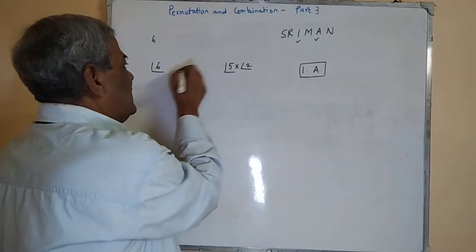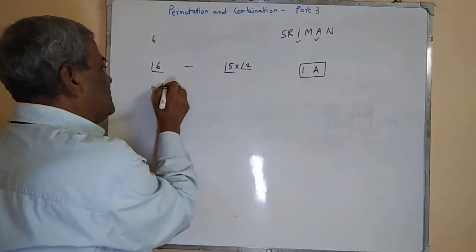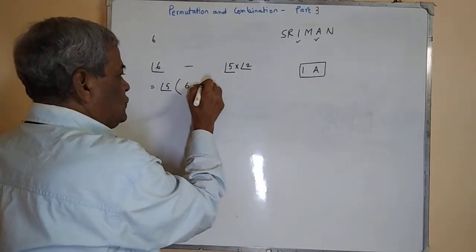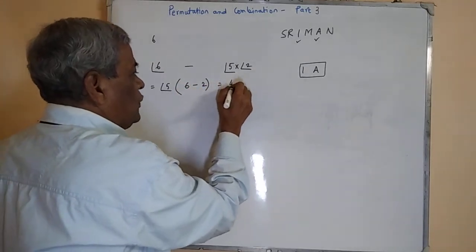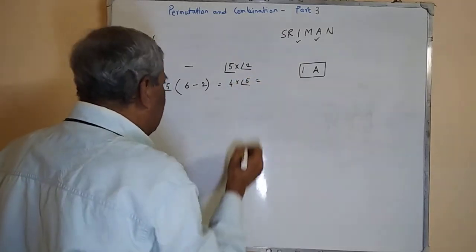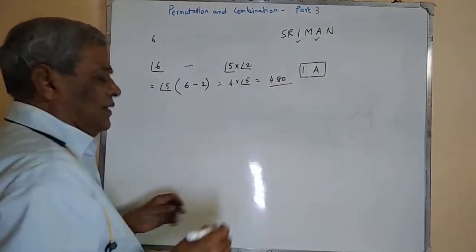So our answer is this minus that. It is equal to factorial 5 taken common, then 6 minus 2. So it is 4 into factorial 5. Factorial 5 is 120. So 480. This is the answer.